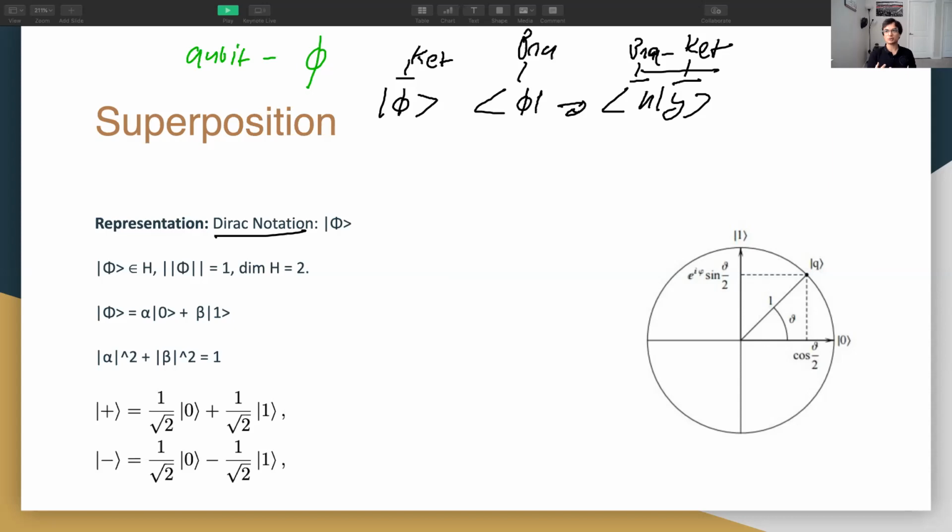In this video, we are going to consider finite dimensional spaces over the field of complex numbers. So I'm going to have my vector defined in a two-dimensional Hilbert space.